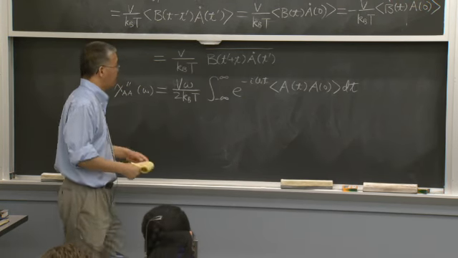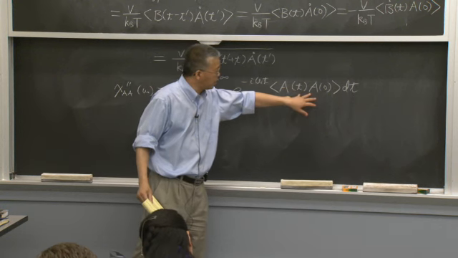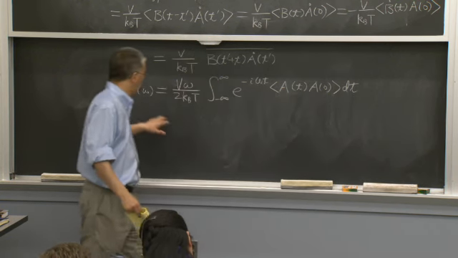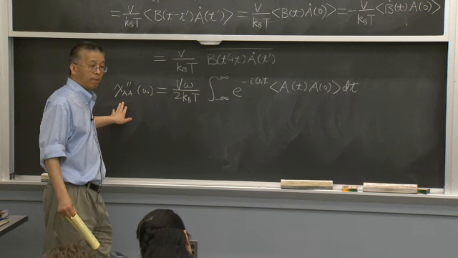So from the autocorrelation, I can calculate the imaginary part.